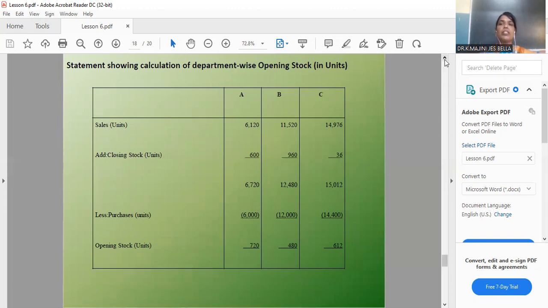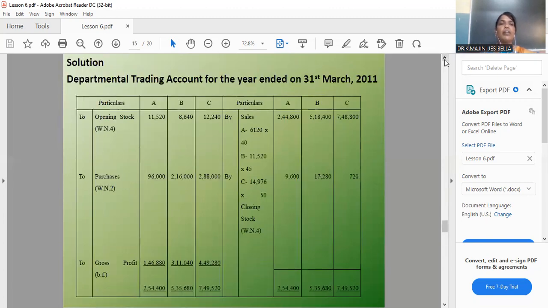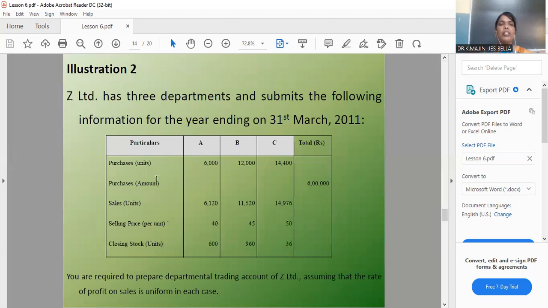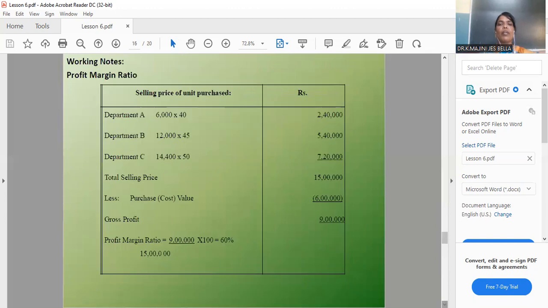Then we should less purchase. Purchase also we will take from this question, the purchase units, right? Don't take the purchase amount, we will take the purchase units. Department A 6,000, Department B 12,000, Department C 14,400.